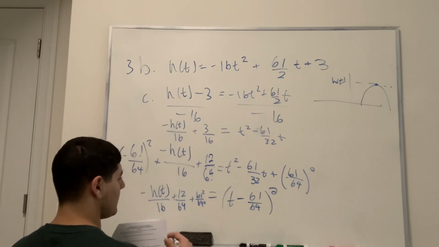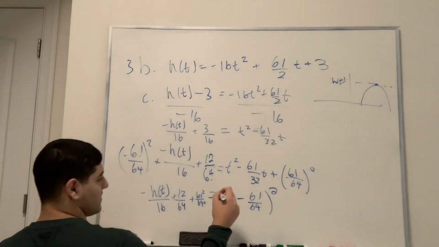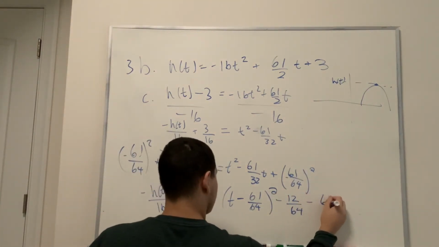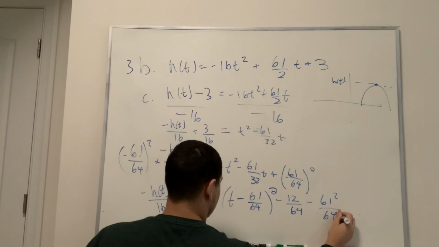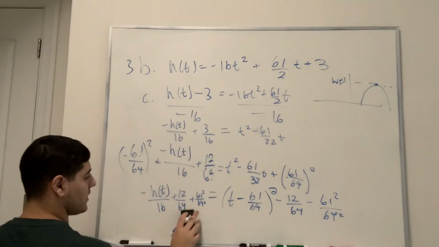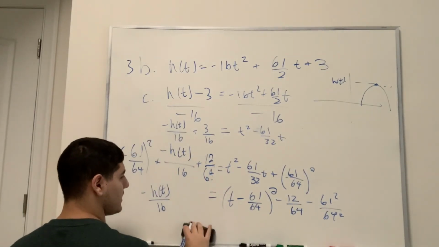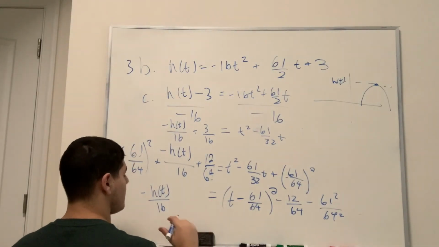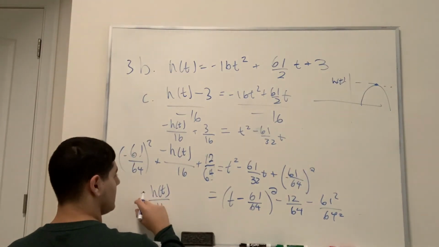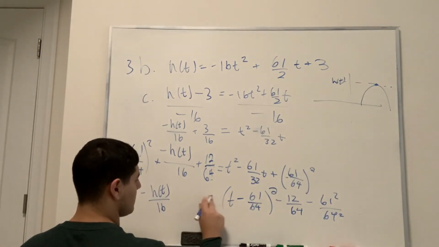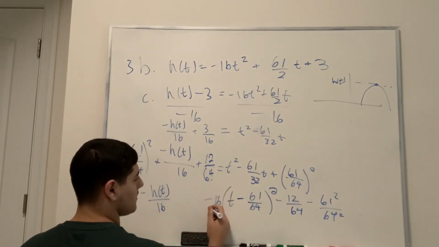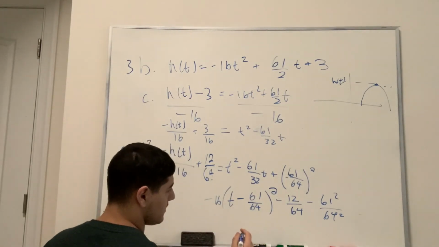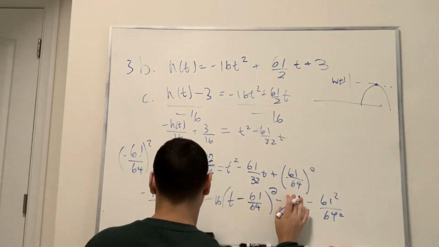I'm going to subtract these over here. See guys, this is why it doesn't look nice to do it without a calculator. I'm going to multiply by 16 and take a negative, so it'll be negative 16. Multiplying by negative 16, I'm going to get 12 times 16.